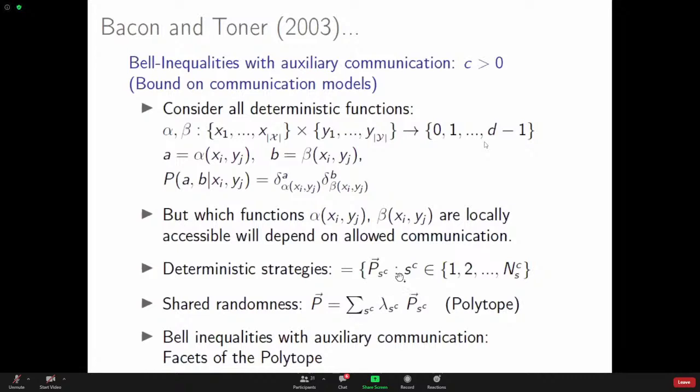By deterministic, I mean that for a known xi, yj, and lambda, this outcome should take a definite value. So in this case also, one gets a polytope, and Bell inequalities with auxiliary communication are basically facets of this polytope.